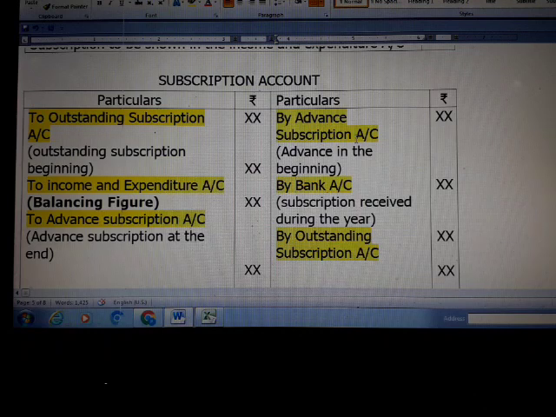So obviously the two items which will be taken to the debit side are current year advance subscription and the previous year outstanding subscription. If you look at the table, you will be able to understand. Here you have the outstanding subscription in the beginning of the year, and the amount of subscription that is received as advance during the year. These both are taken to the debit side.